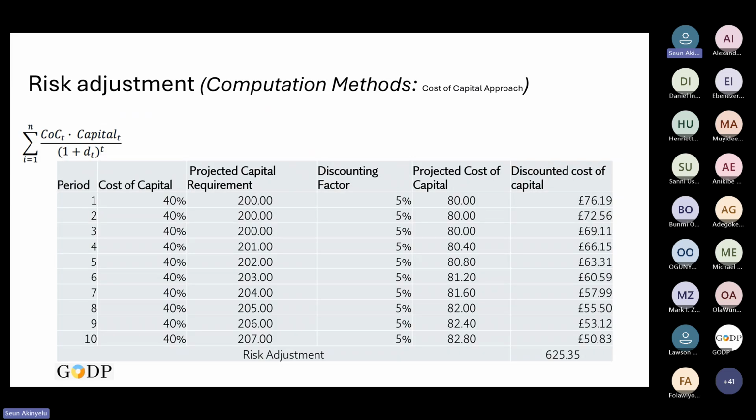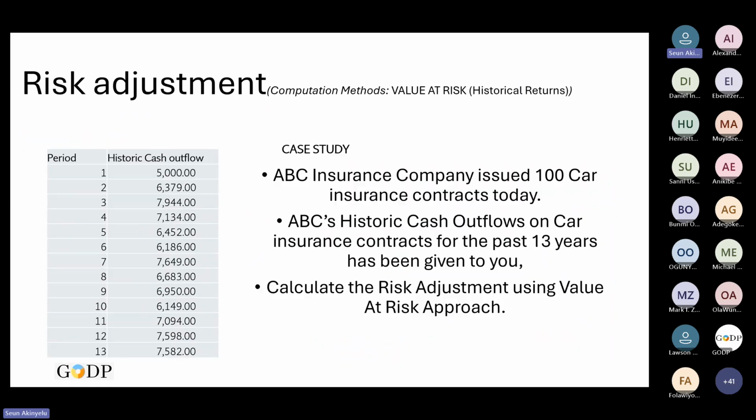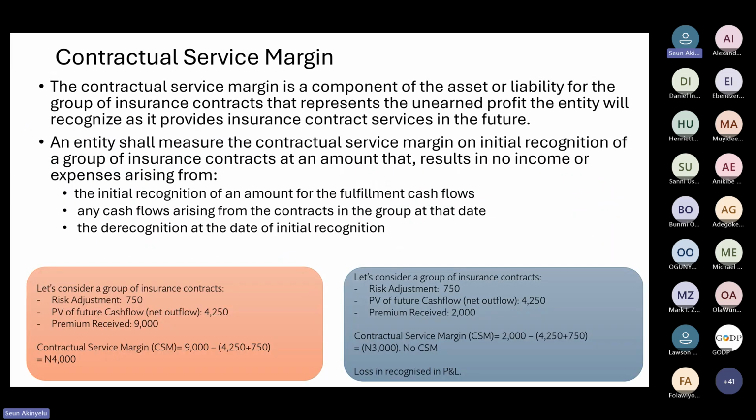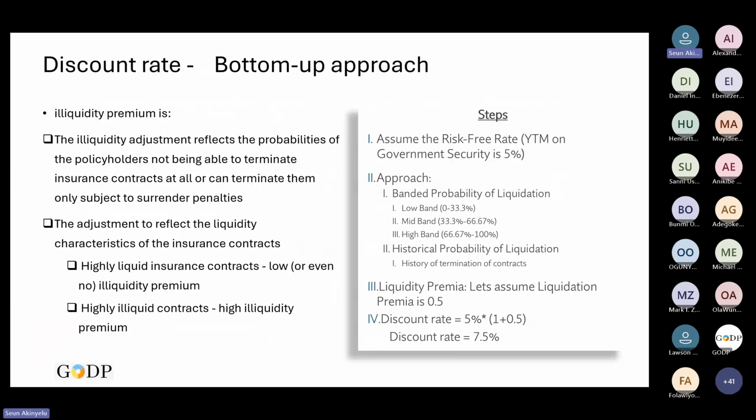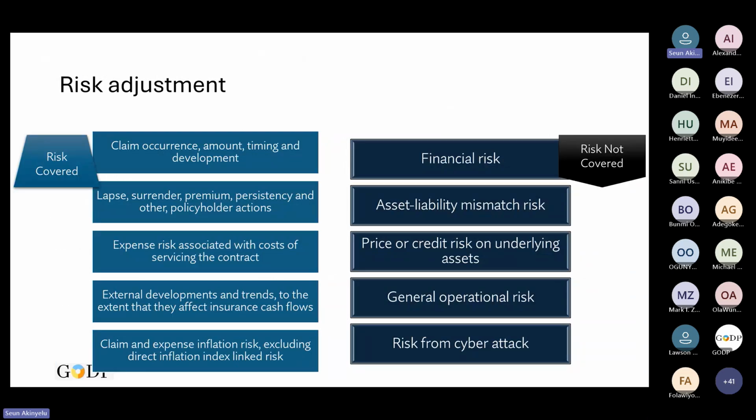But for this class, when you have calculated the risk adjustment, that is when you can now put it as part of your fulfillment cash flow. At the minimum, I want us to be done with initial recognition. Remember, I explained that in the full class, I'm going to teach you how to calculate risk adjustment.